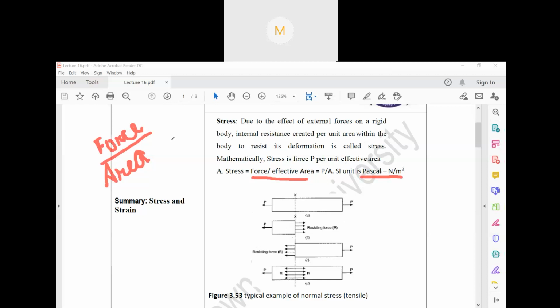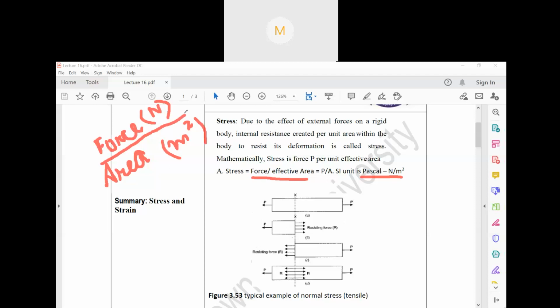Why Newton per meter square? Because the unit of force is Newton. Since the formula of stress says that it is force per unit area, we can write it as Newton, and area will be in meter square.